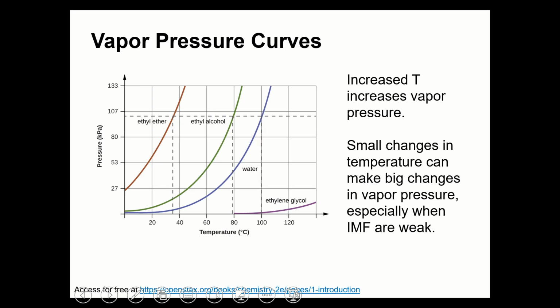So as we increase the temperature, we're going to see an increase in the vapor pressure. And keep in mind that small changes in temperature can make big changes in your vapor pressure. So if we look at water for a second at about 80 degrees Celsius, and I'll change the color so we can see the dots that I'm making.